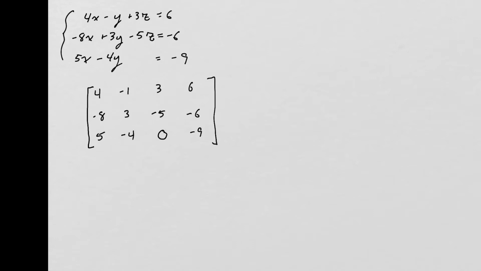So we can do three things. We can do three actions. We can either just switch entire rows, not columns. You can switch columns in other contexts, but this is not one of them. So we can switch entire rows. We can multiply an entire row by, and I should be more specific, a non-zero constant.